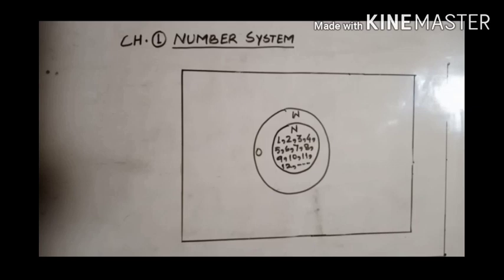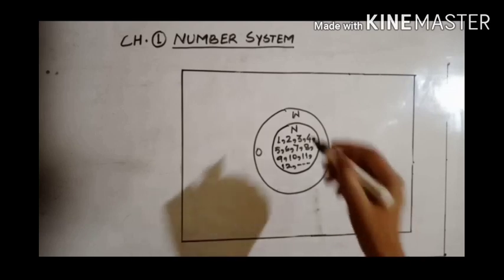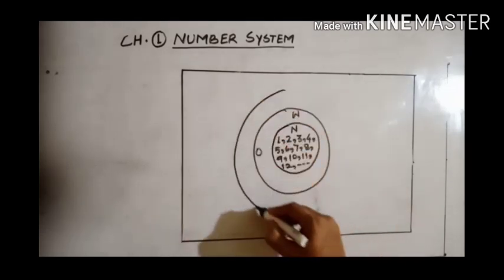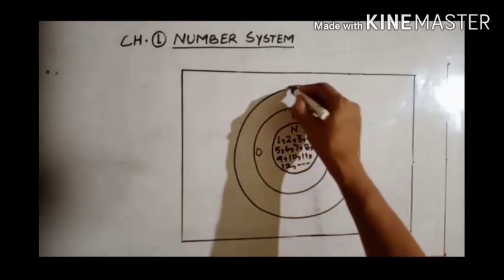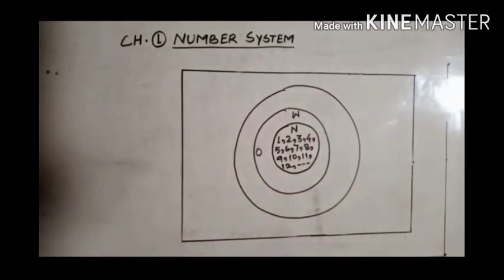Thereafter, integers. So when whole numbers are included with negative of natural numbers, a new set of numbers gets formed called integers.